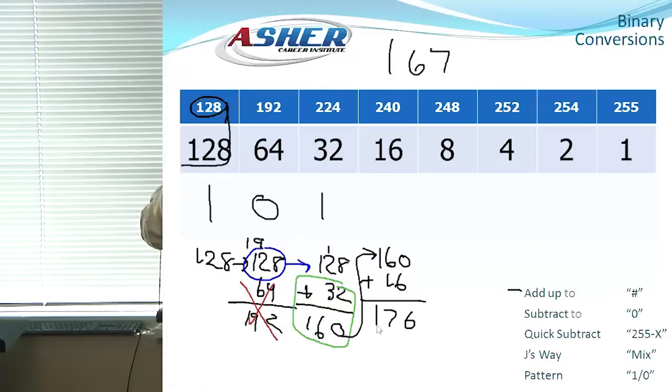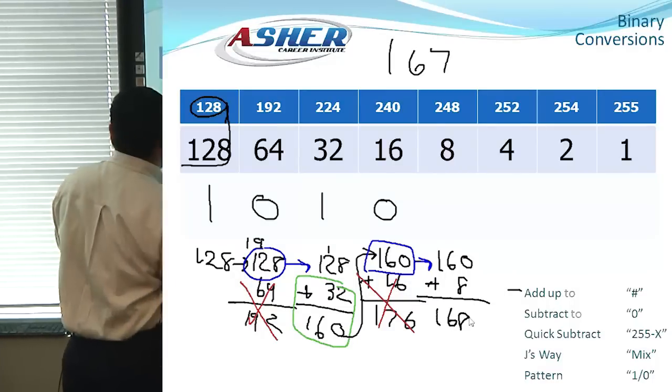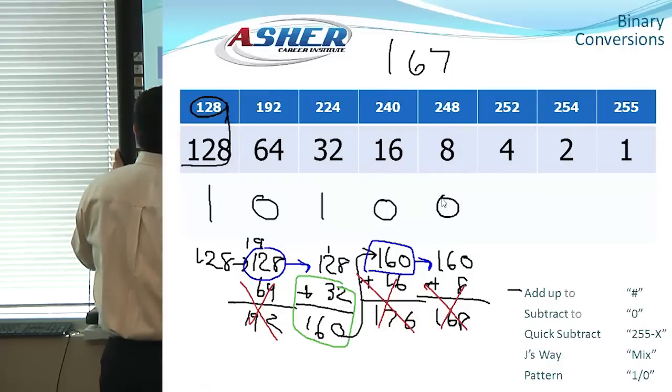So can we use it? All right, so we can't use 16. So what's our next step? 160 plus 8. So 160 plus 8 will give me 168. Am I over? Yes, I am. So can I use it? No. So what's my next step?